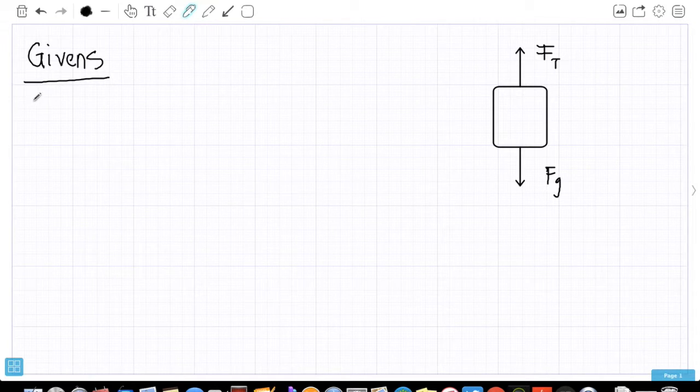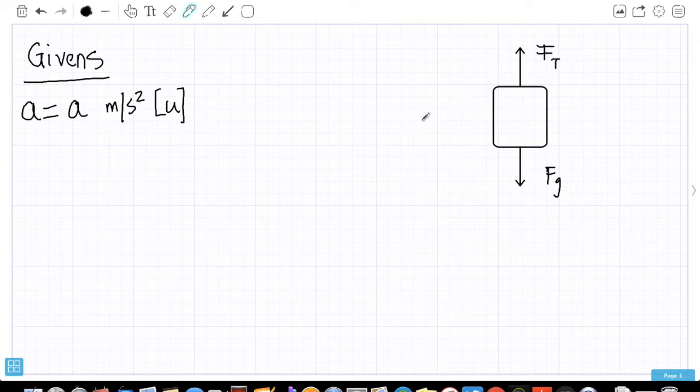So what are we given? Well, we know that the elevator itself is accelerating with acceleration A, and that's in meters per second squared, up. So if the elevator is accelerating down, then the value will be negative, whatever the acceleration down is.